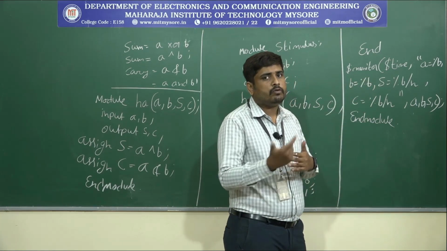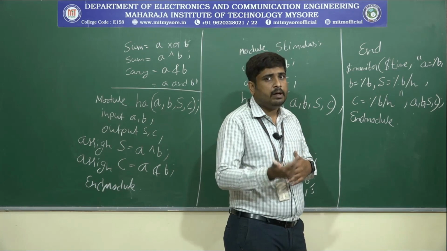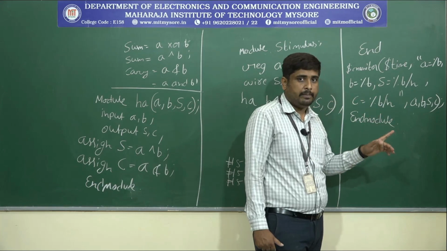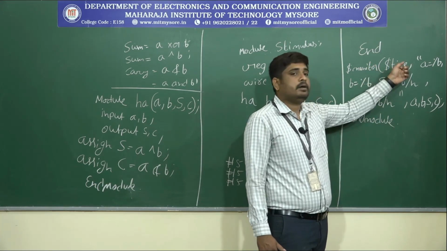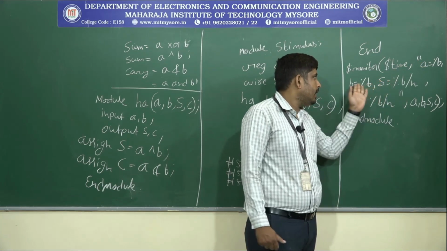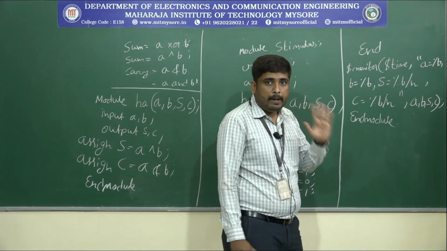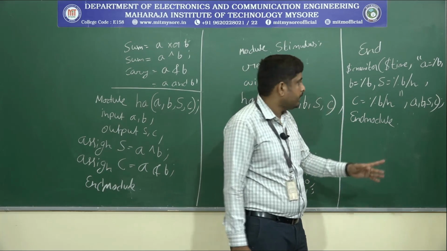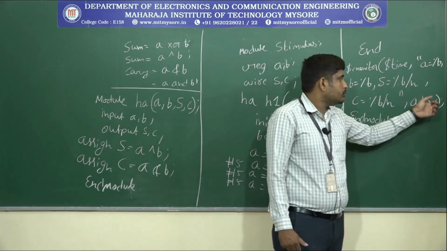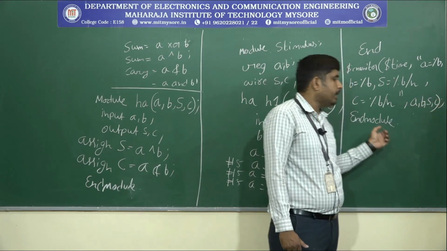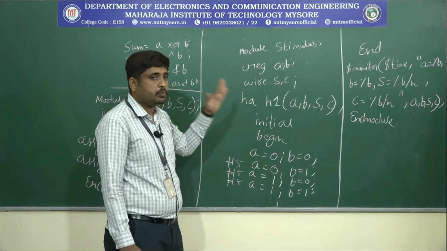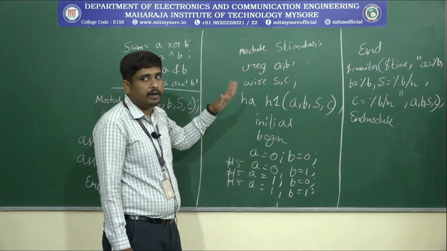If you don't want the current simulation time, then instead of $monitor we write $display. So $monitor time indicates the current simulation time. A, B, S, C are all binary, then \n indicates a new line, then display A, B, S, C, then end module. This is the stimulus block, a stimulus program with respect to the half adder example.